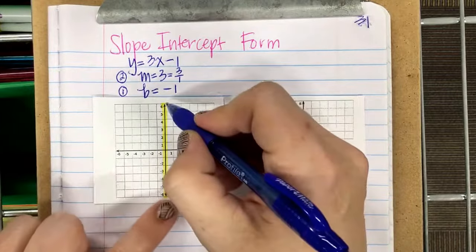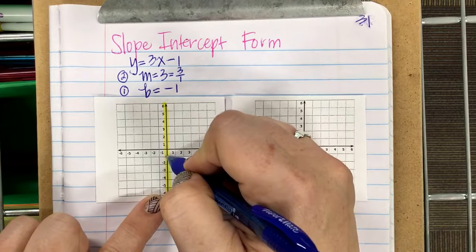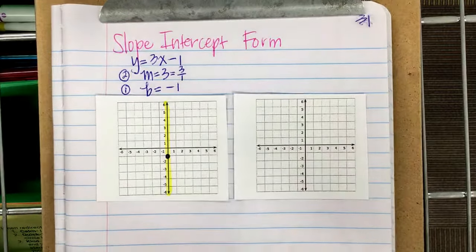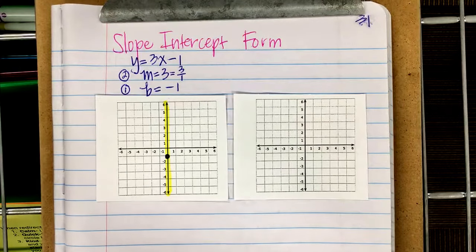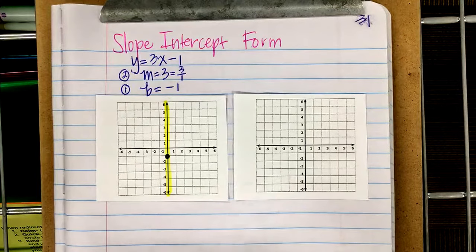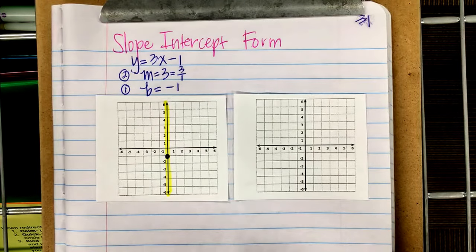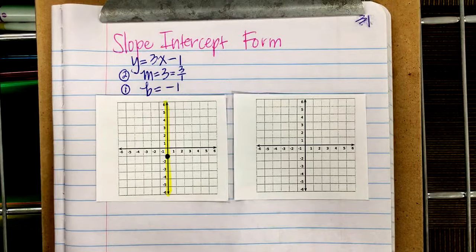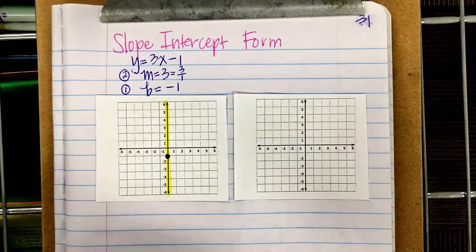So my intercept is -1. My y-intercept is -1. Alphabetical order. B comes before M.